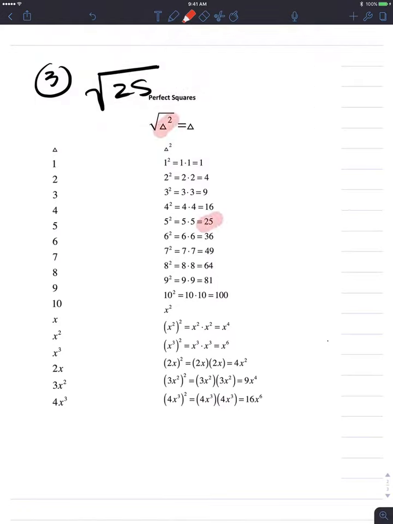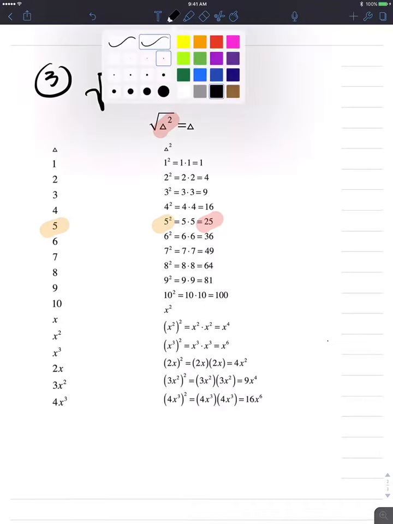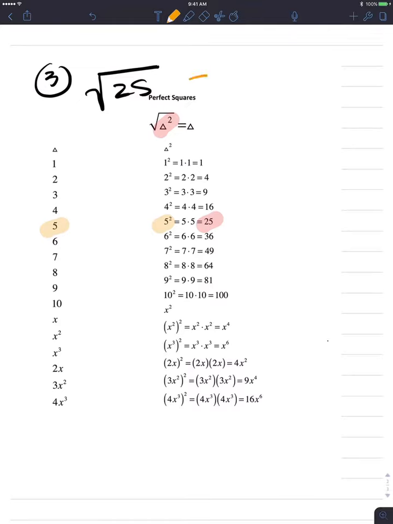We are taking the square root of perfect squares. Now, what was the base that was raised to the second power in order to get 25? Well, 5 squared, which meant my base is really 5. The square root of 25 is 5. We are done.